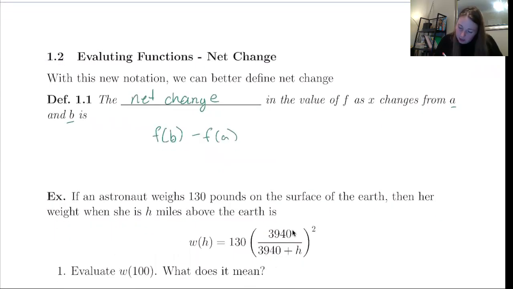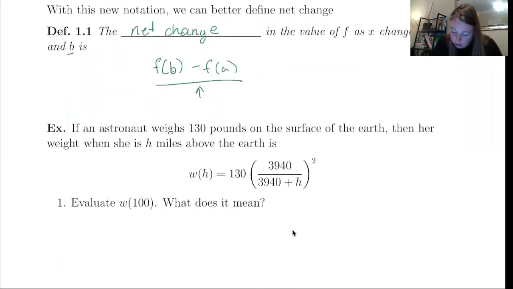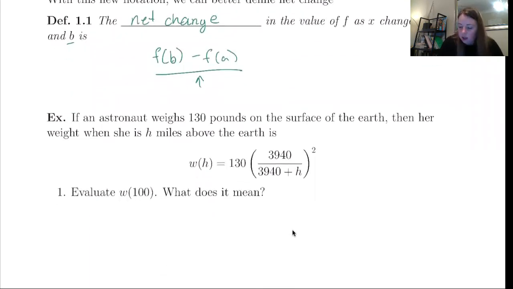So if an astronaut, okay, now we're going to do an example. This is our net change formula. If you're ever asked what net change is, it's that. So if an astronaut weighs 130 pounds on the surface of the Earth, then her weight when she's h miles above Earth is given by this function.